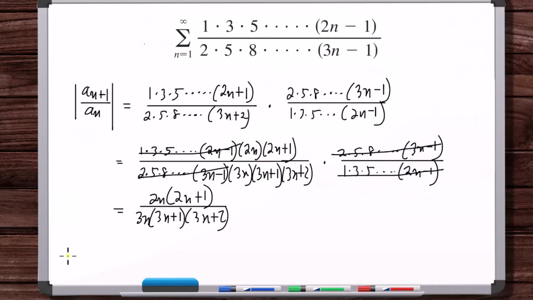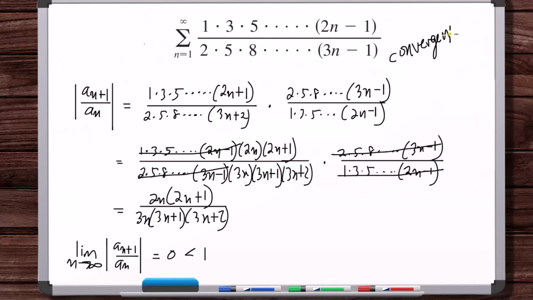So now what is the limit as n goes to infinity of a sub n plus 1 over a sub n? Well, we don't need to expand this out because we can see the order of the numerator is going to be one less than the order of the denominator. So this is going to be 0. That's less than 1, so according to the ratio test, this is convergent. It's absolutely convergent, which makes it convergent.